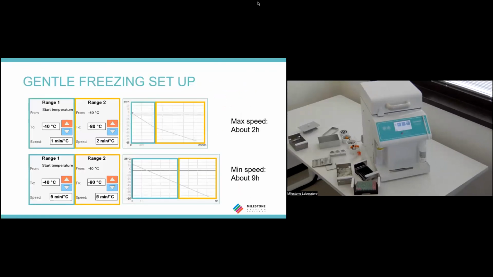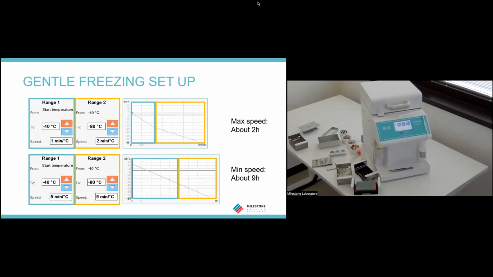Let's now see in more detail how to set up a gentle freezing. As I told you before, each cell type has a different time to allow unfrozen water to pass through the cell membrane. Flash Freeze gives the possibility to set up a freezing speed between 1 and 5 minutes per degree, but also the chance to decide two different speeds before and after minus 40 degrees.